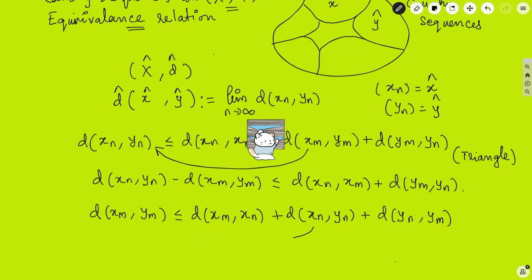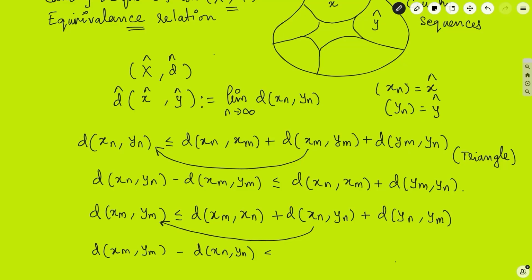If you bring this to the left hand side, d(x_m, y_m) - d(x_n, y_n) is bounded above by d(x_m, x_n) + d(y_n, y_m).